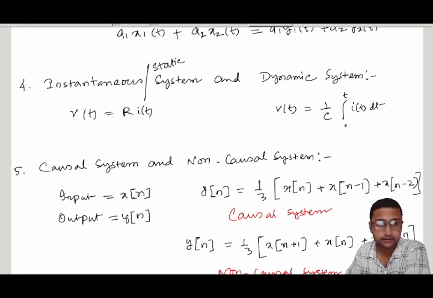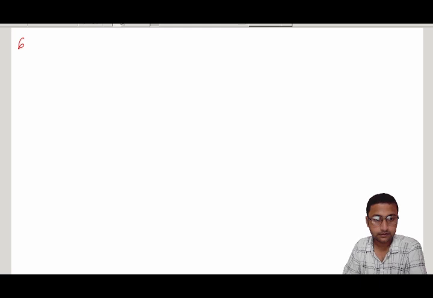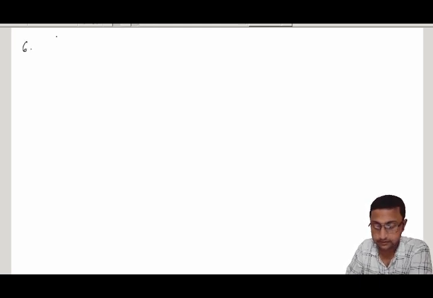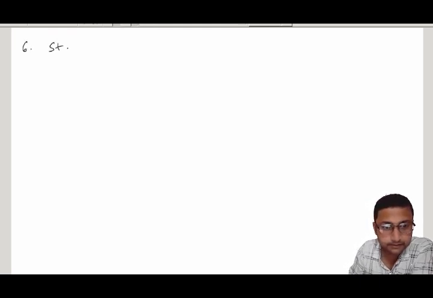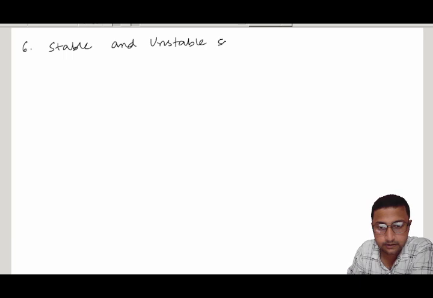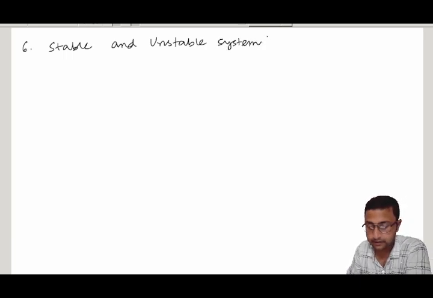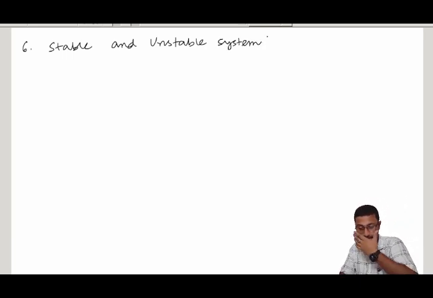Next, number 6 is stable system and unstable system. A system is said to be stable if the output of the system does not diverge as long as the input signal does not diverge.